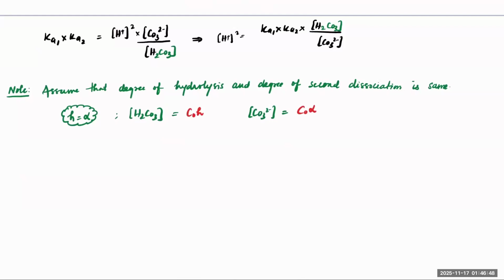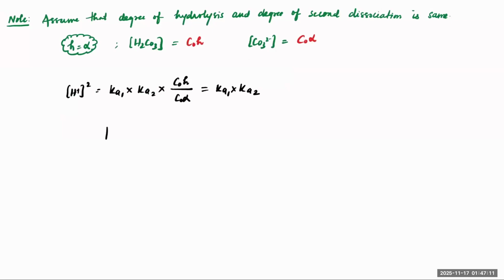And now, if you want to calculate the H plus concentration, so H plus whole square is equal to Ka1 multiplied by Ka2 into C0 h divided by C0 alpha. And you know that alpha is equal to h, so C0 will also get cancelled. Hence, it will be simply product of Ka1 and Ka2.